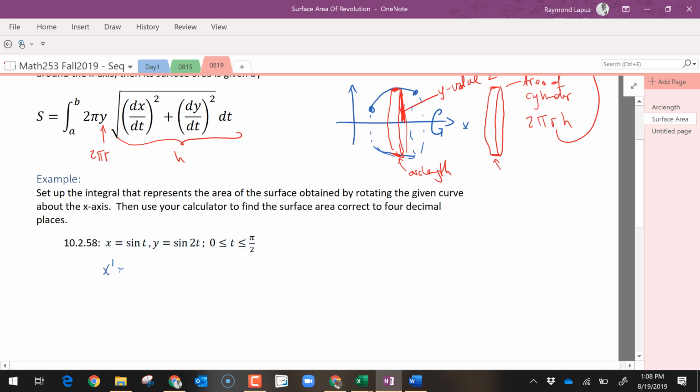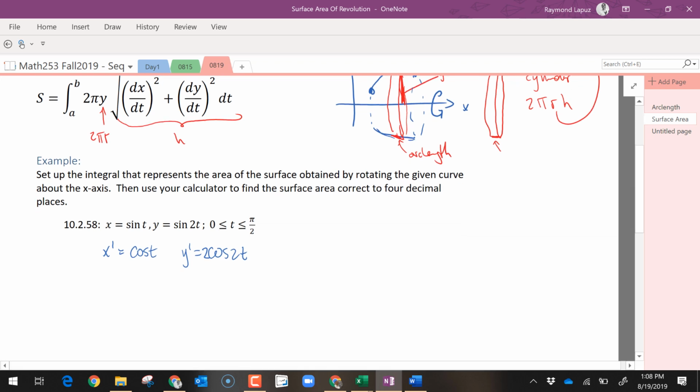So x prime is going to be, derivative of sine is cosine or negative cosine? Cosine. And then the derivative of y is going to be positive cosine 2t times the derivative of inside. This is chain rule. So throw that 2 out there. So now we have the derivatives, and then we're just going to use a formula.